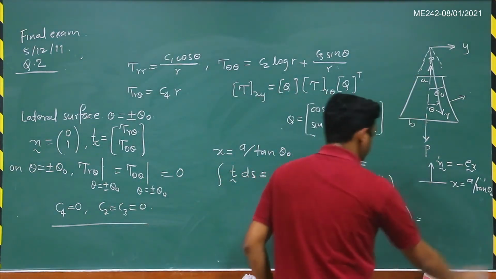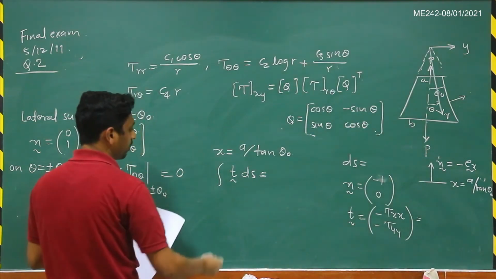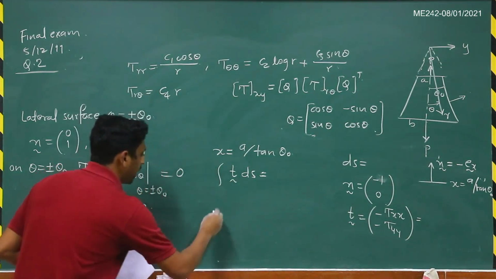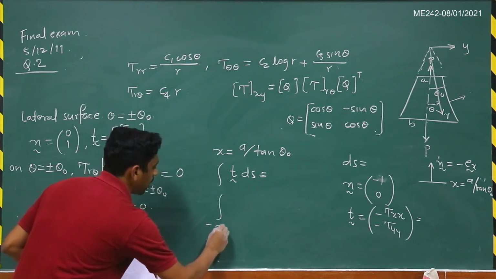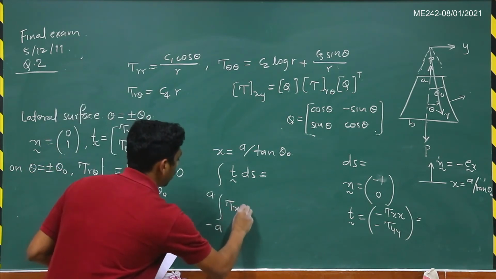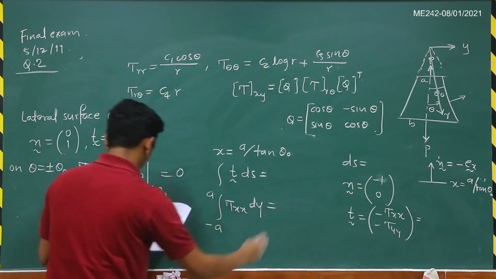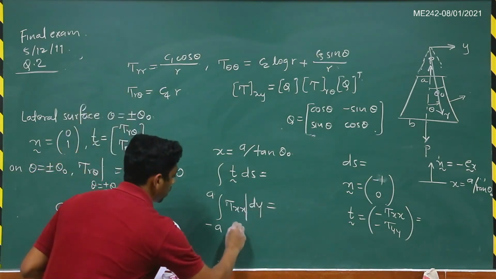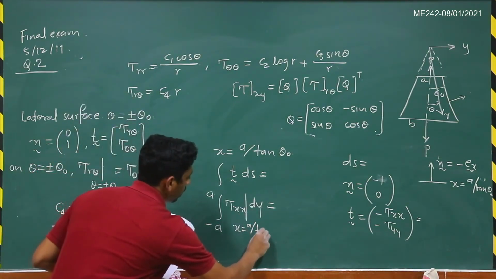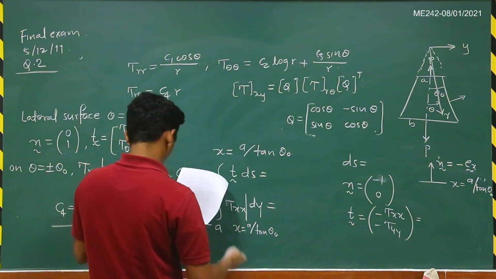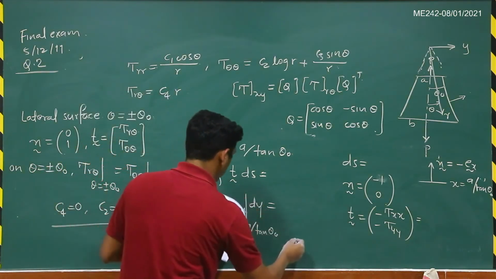So we can write this condition as the integration from minus a to a of tau xx dy, where tau xx is computed at x equal to a by tan theta naught, equal to the axial force.